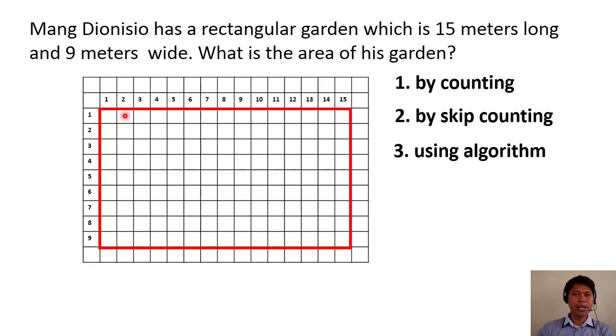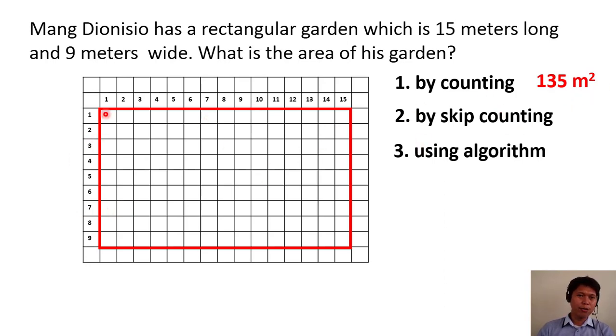So 9 plus another 9 is 18, 27, 36, 45, 54, 63, 72, 81, 90, 99, 108, 117, 126, 135. So by counting, we got the area of 135 square meters.